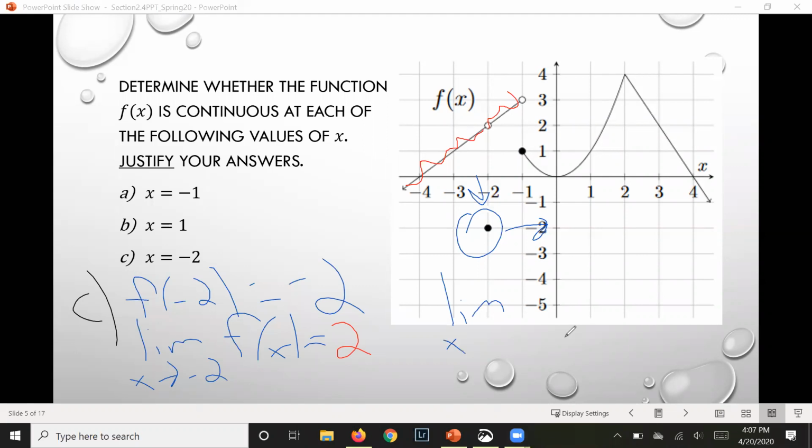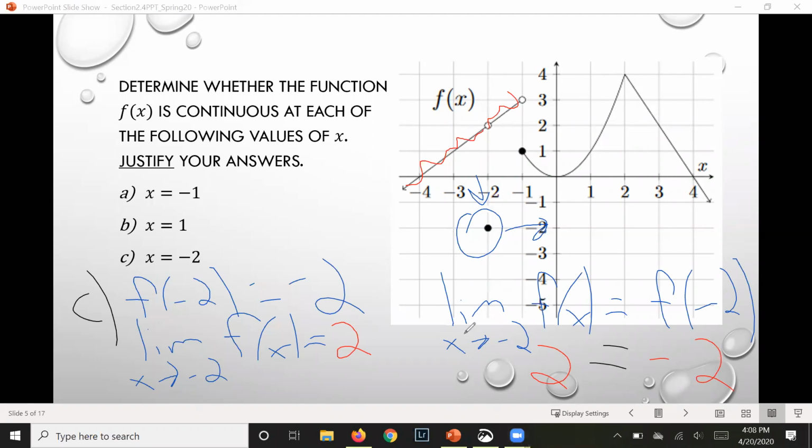So the limit as x approaches -2 of f of x, does that equal f of -2? Well, the limit we just found is equal to 2. When we input the -2 into the function, we got an output of -2. Are those two the same?